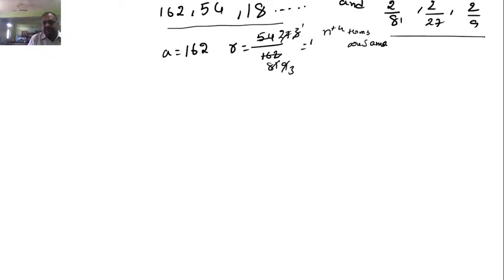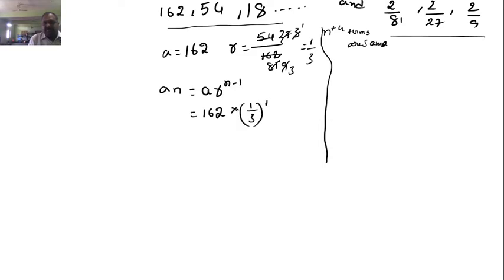That is equal to 1 by 3. An means A R to the power of n minus 1, so 162 into 1 by 3 whole to the power of n minus 1.